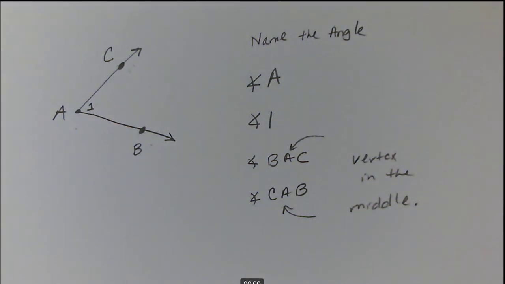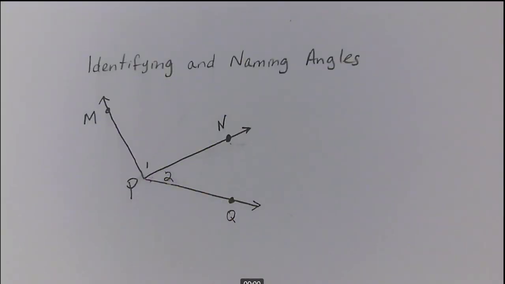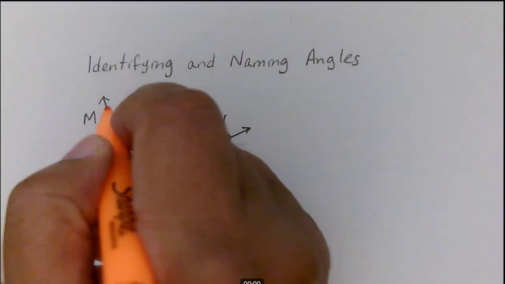Let's do some examples of naming angles. Okay, so let's say I had to identify the angles here. How many different angles do you see? So let's see. I can actually color them so you can see the angles I'm seeing.